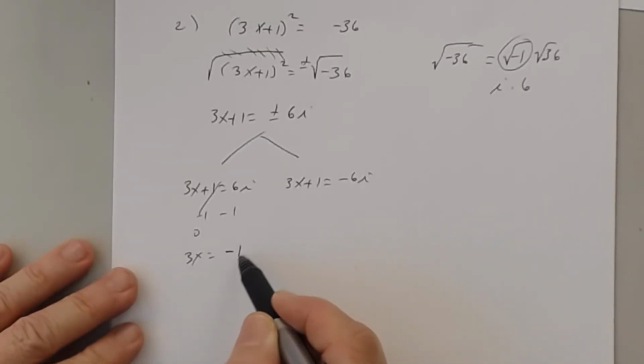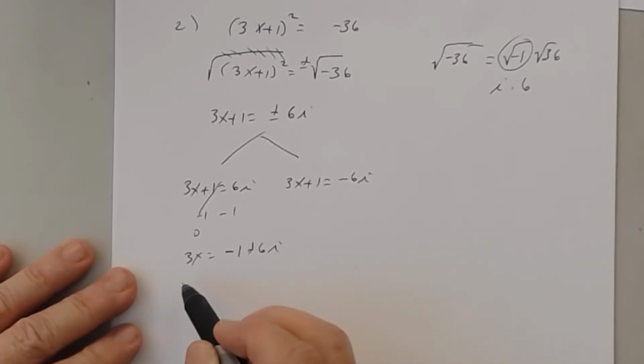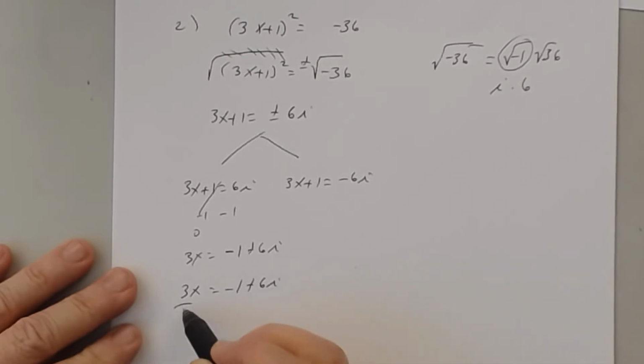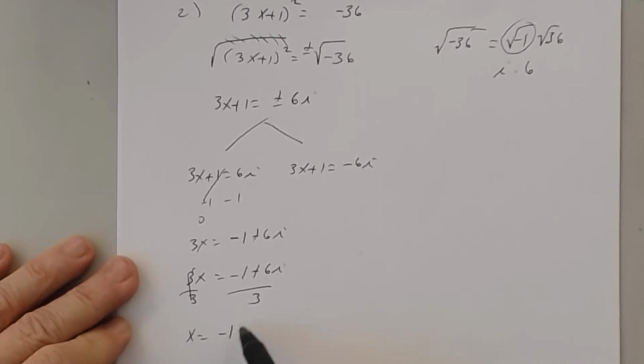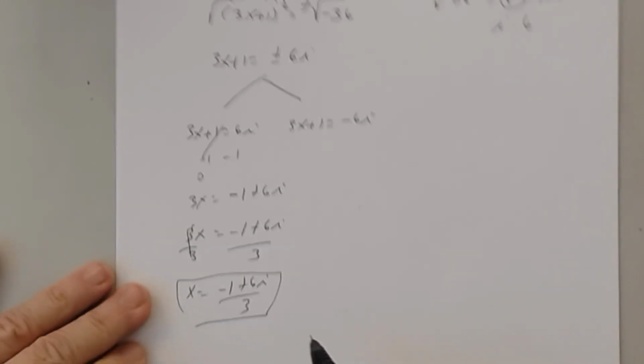Negative 1 plus 6i, and then divide both sides by 3, right? So x equals negative 1 plus 6i divided by 3. Okay? Now guys, don't make the mistake.